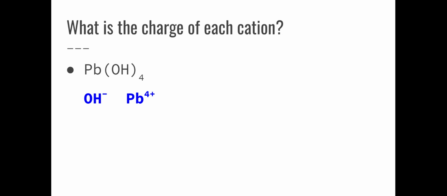All right, kids, as you look at the answer key on the screen, 1 hydroxide polyatomic anion has a minus charge. That is a group. The parentheses are telling us we need more than one hydroxide group. The subscript 4 tells us how many hydroxides we need. It tells us we need 4 hydroxides.